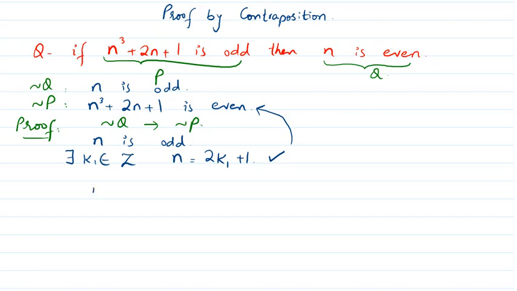So let me rewrite it here, n cube plus 2n plus 1, and we have to show that this is in fact an even number. Okay, so let me first plug in the form here, that is 2k1.